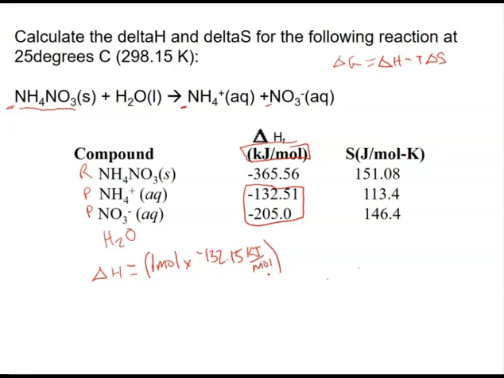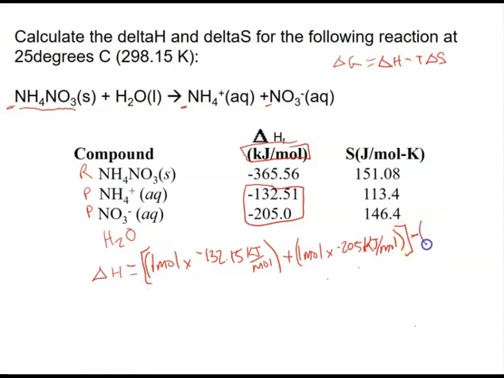We're then going to add to that the 1 mole of the nitrate. That group is going to be subtracted, the products minus the reactants.